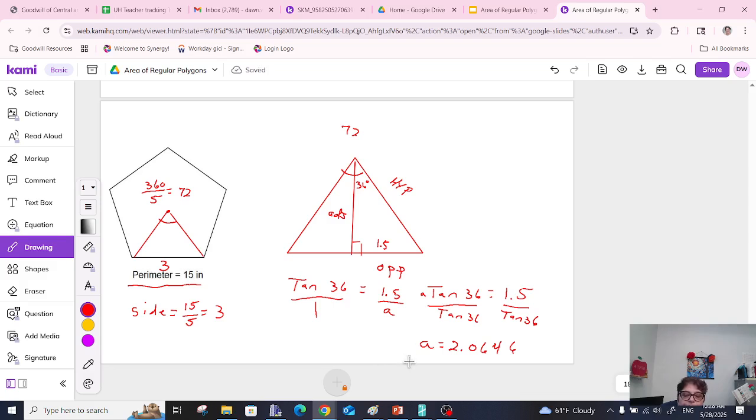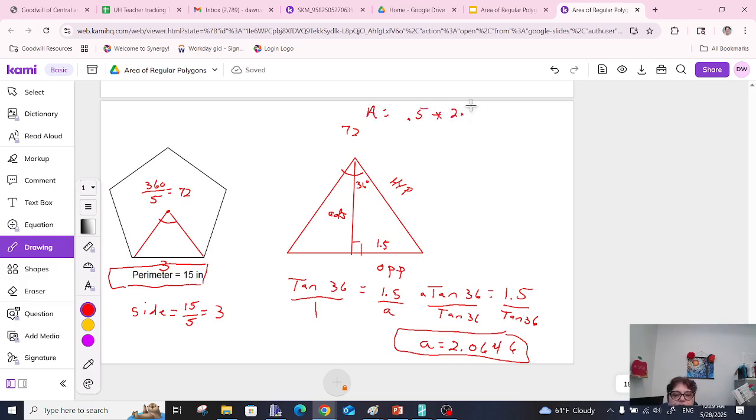And now I have perimeter. Do I have all the information to find the area? This is in inches, so I have apothem, I have perimeter. Now I could substitute in. Area is equal to 0.5 times apothem.